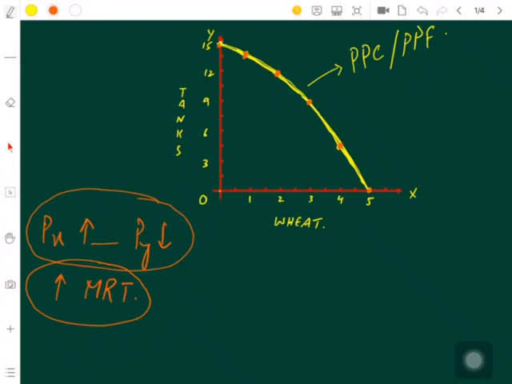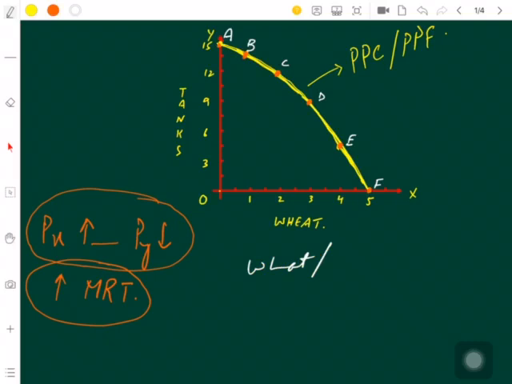These are the options here: A, B, C, D. Not only A, B, C, D, we have started it from the origin itself, so our options are A, B, C, D, E, F. So with the production possibility curve, what to produce is getting answered now. It provides the society with different options in the form of different combinations.